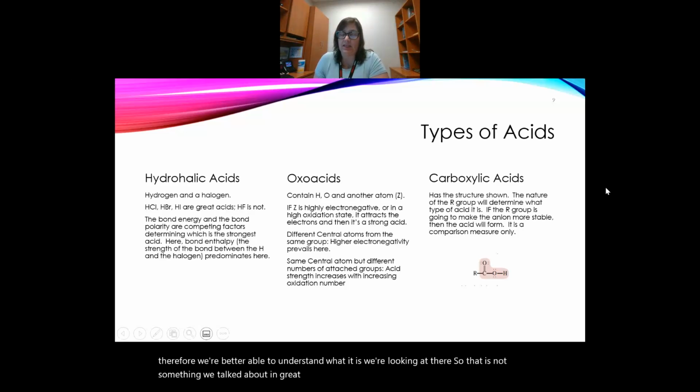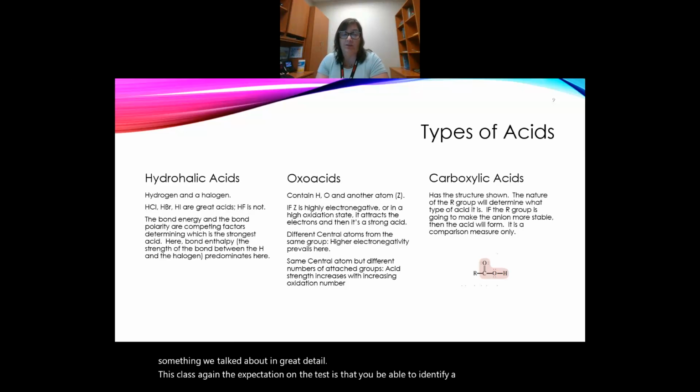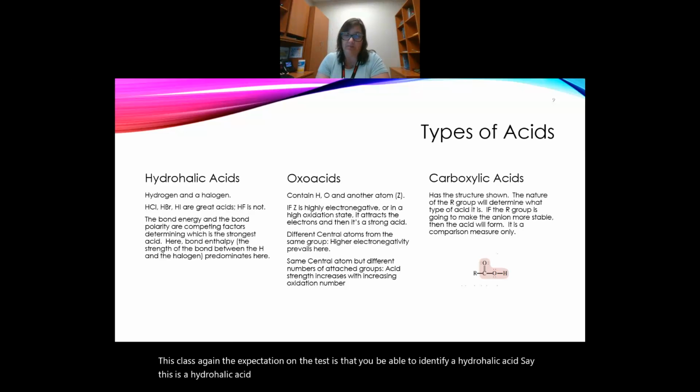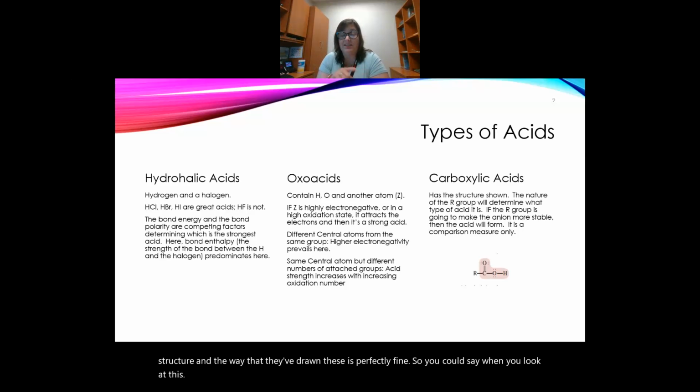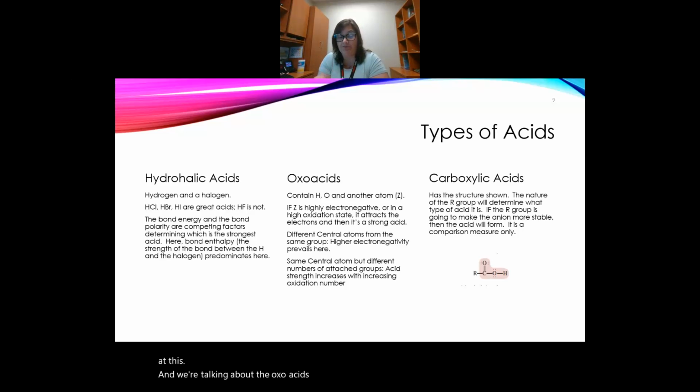Again, the expectation on the test is that you be able to identify a hydrohalic acid, say this is a hydrohalic acid, or give me an example of a hydrohalic acid. Same is going to be true for the oxo acids and the carboxylic acids. So you should be able to draw me a general structure, and the way that they've drawn these is perfectly fine. So if you're talking about the oxo acids, you could say it's a ZOH.